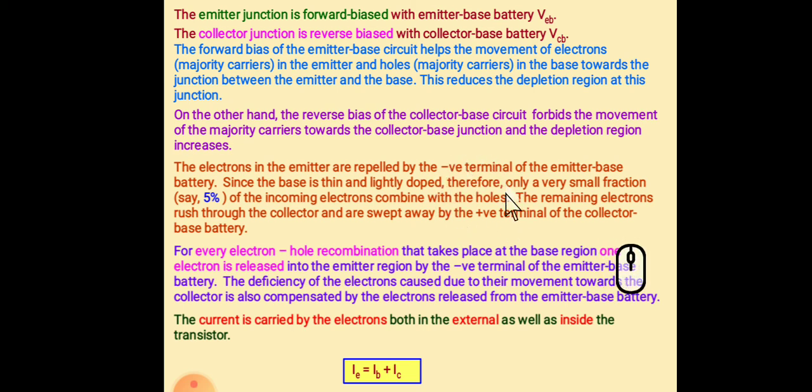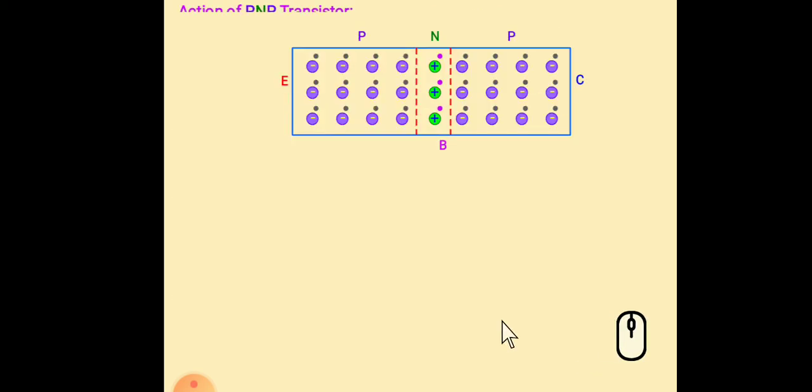So in the middle section they will recombine with the electrons repelled by the emitter. So it is very less, that is 5%, and 95% of electrons will be attracted towards the collector because collector is always reverse bias. So as we know, IE is equal to IB plus IC.